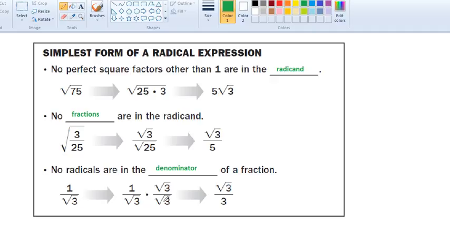So we're going to stick another one right there. But if we do that, we got to put one here so that we're multiplying it by 1. When you multiply by 1, it doesn't change the value. So square root of 3 times square root of 3, that is just 3. And then 1 times the square root of 3 is square root of 3. This answer right here, A-okay, because it doesn't have a radical in the denominator.